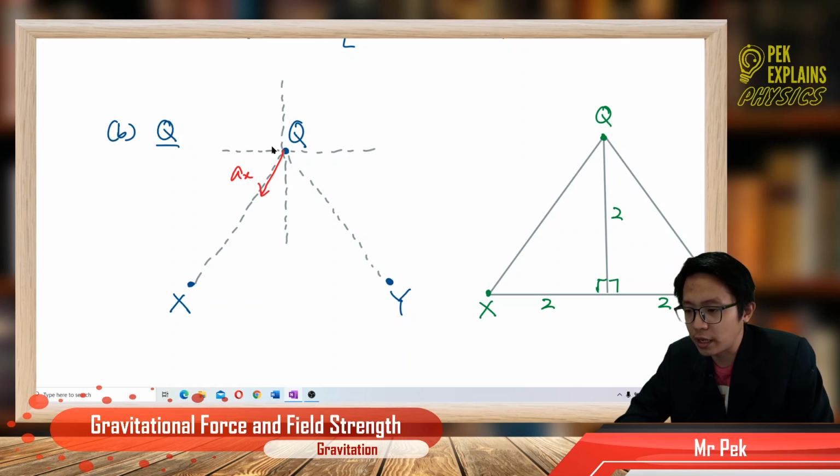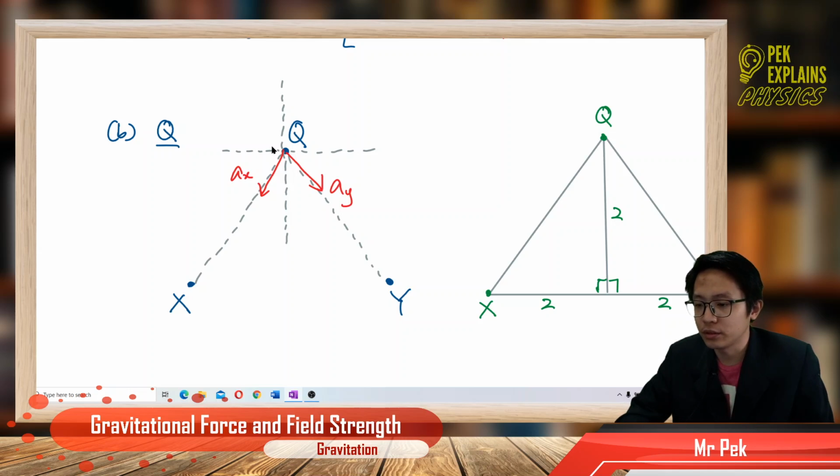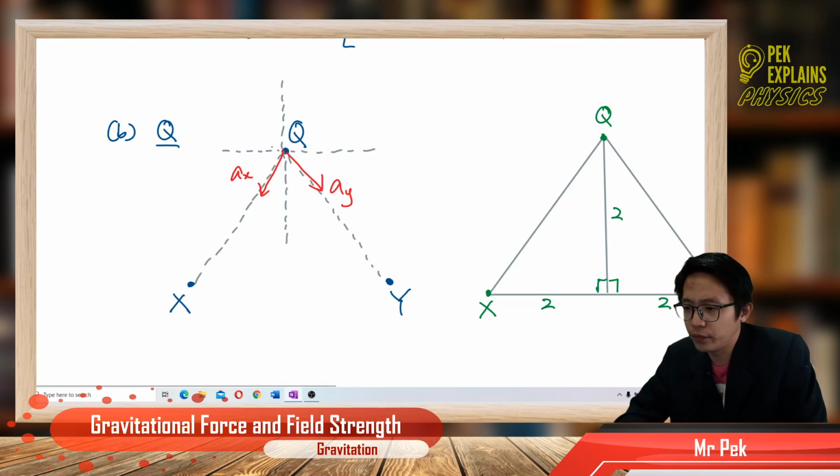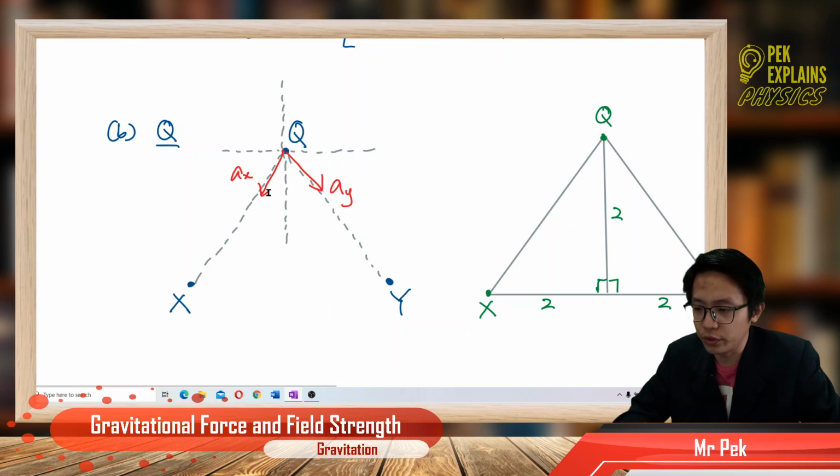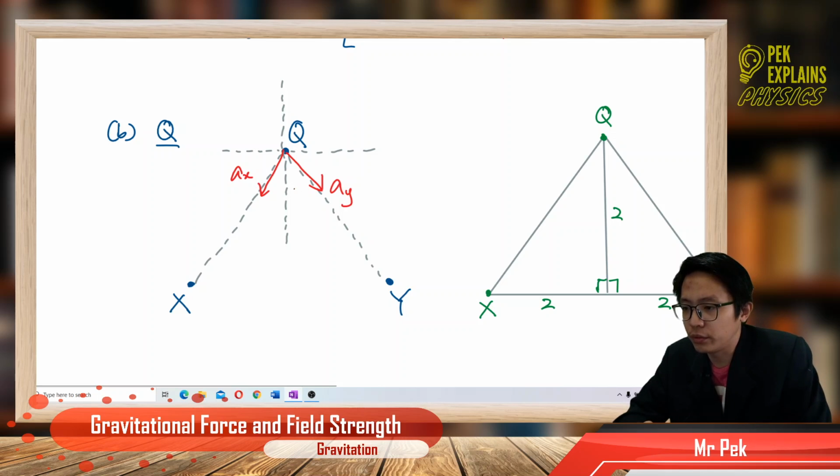This is AX, and AY is towards Y. Then you need to resolve AX and AY into X and Y components before you can continue.